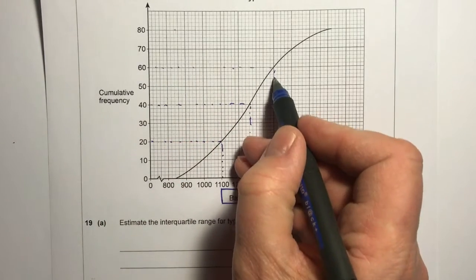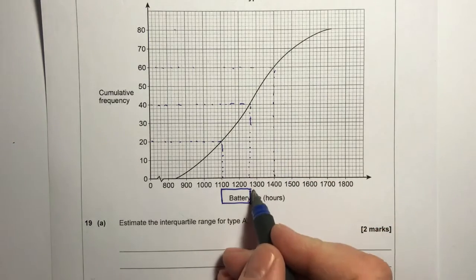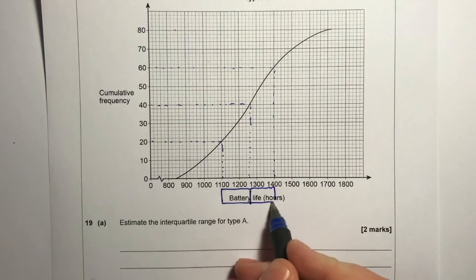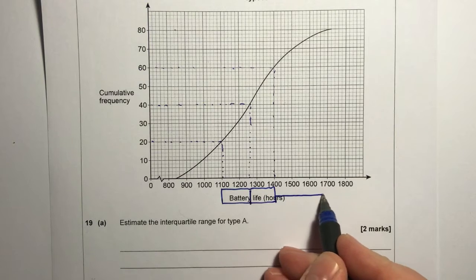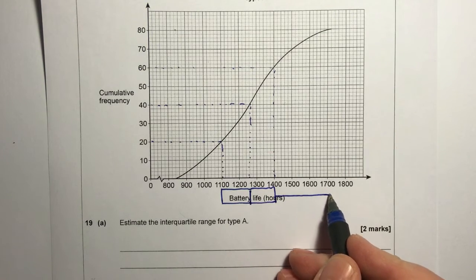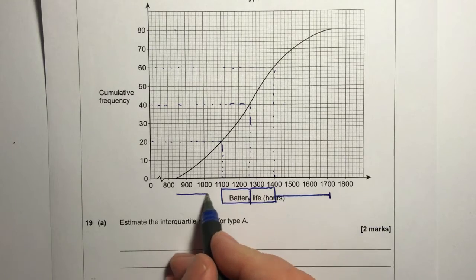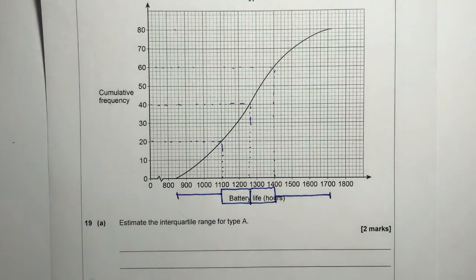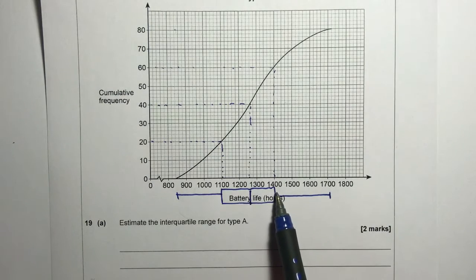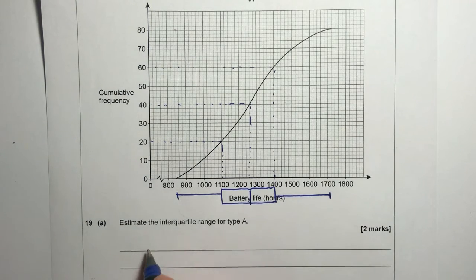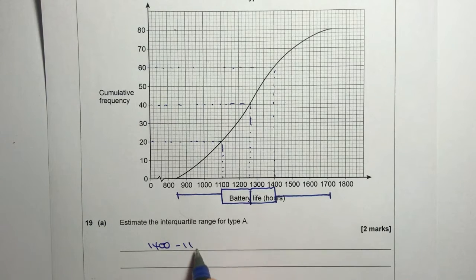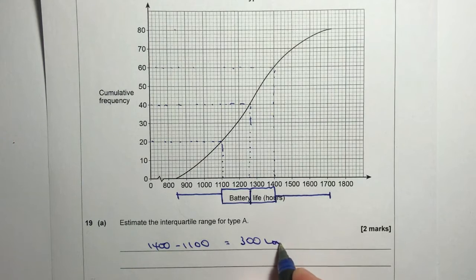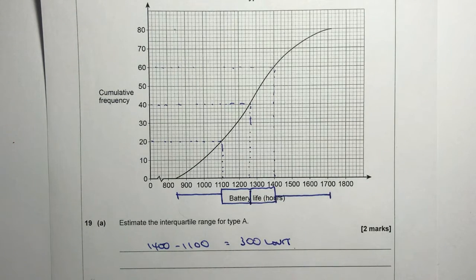You can see here that I'm able to create this box plot, taking the same pieces of information from the chart, and that gives us the ability to work out the IQ range, which is the difference between this and this. So the interquartile range is 1400 minus 1100, so that's an interquartile range of 300 hours, and that would be the answer to this particular question.